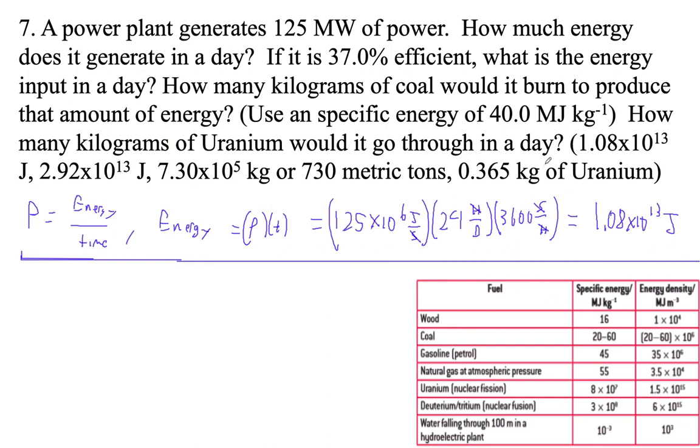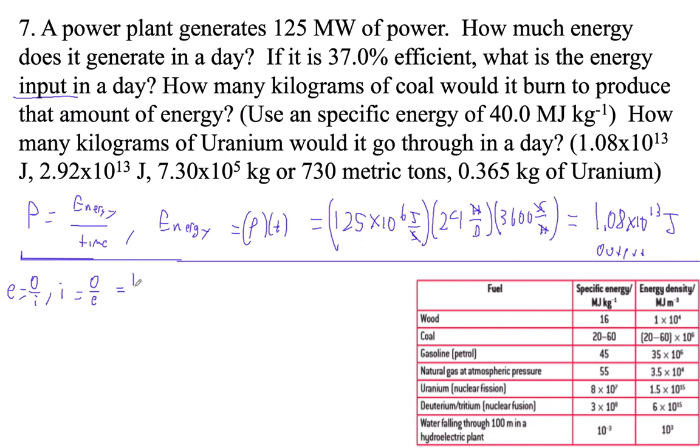the question is, if it's only 37% efficient, that's the output, right? This is our output. Efficiency is output over input, so the input, which is what they're asking for, the energy input, is going to be output divided by the efficiency.